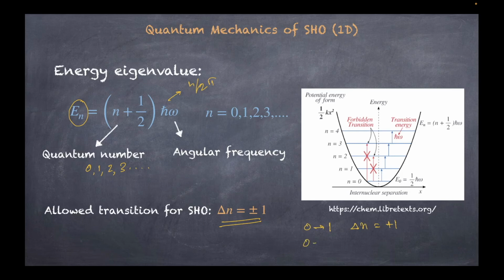But from 0 to 2 transition, delta n will be equal to plus 2, so it is a forbidden transition. So the condition for allowed transition is delta n equal to plus minus 1. So 0 to 1 transition, 1 to 2 transition, 2 to 3 transition, these are allowed, but 0 to 2, 0 to 3, 1 to 3, these transitions are not allowed, so they are forbidden transitions.